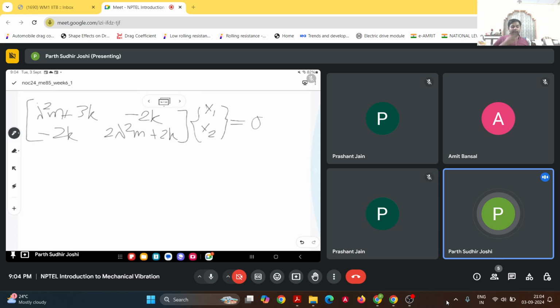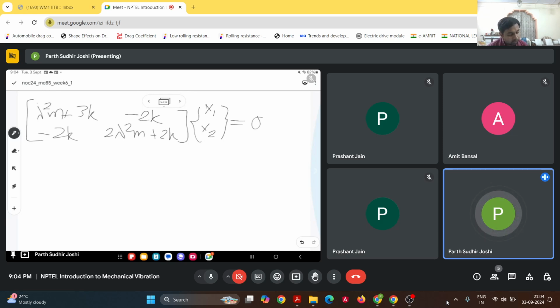For the eigenvectors, we need the mode shape corresponding to each natural frequency. So we need to substitute the corresponding eigenvalue.